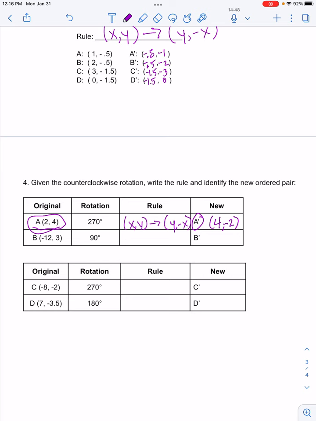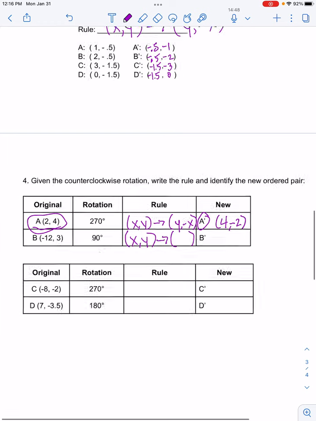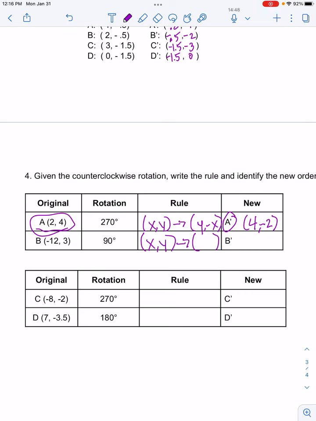For a 90-degree rotation, the rule is (-y, x), which means we're going to go over here to B and we're going to apply that rule to get B prime. And the X value is going to switch over to the Y spot but keep its sign.